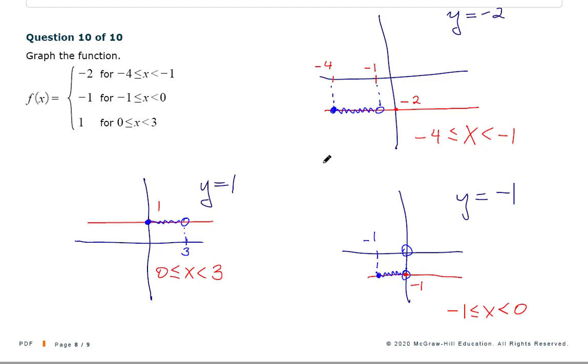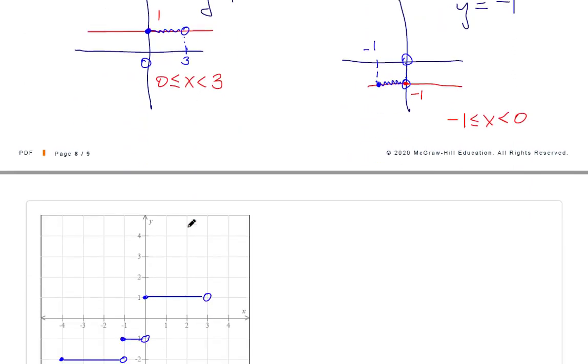So we have a stair step. It's at -2, then jumps up to -1, and finally on the last part, 0 to 3. So here's 0. Closed dot here because of the equals and the 3. So now it's jumped up to 1. So what does this look like?